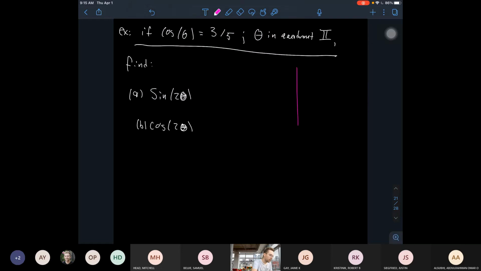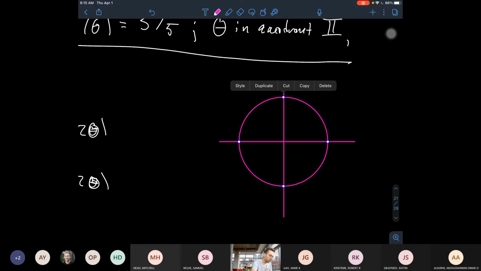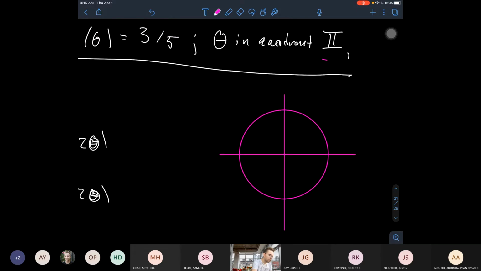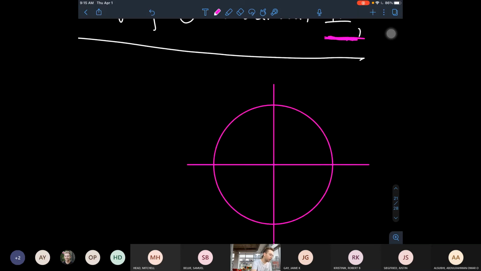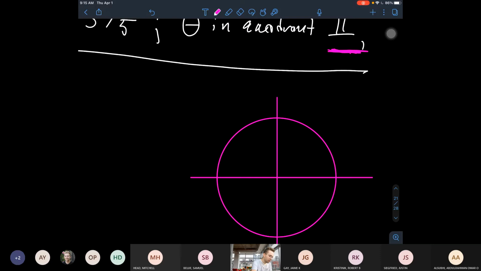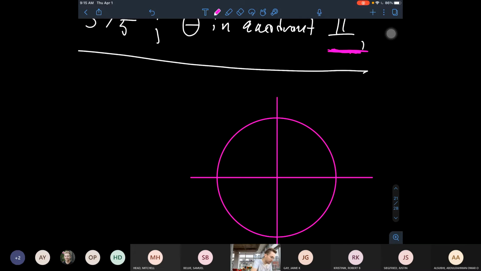So before we do anything, let's draw what theta looks like. Well, you have a unit circle. Theta is in quadrant 2, and I know that the cosine of theta is 3/5. So I know that the x value of the point on the unit circle should be 3/5. 3/5 is like 60% of the way to 1. So I'm going to draw that right here, maybe.